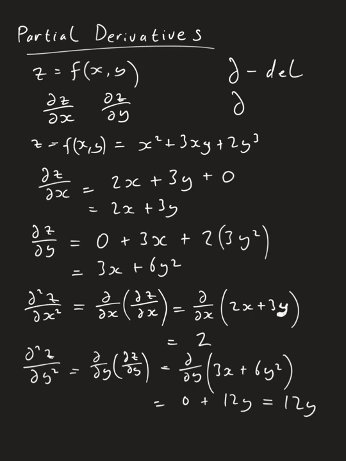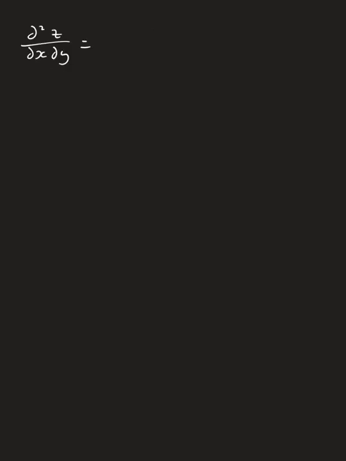Now there are two more partial derivatives that I can take, and that's if I go first with respect to x and then with respect to y, or vice versa. That's what you call a mixed partial derivative. So I'll write that down next. We can take a mixed partial second derivative, del 2z del x del y.